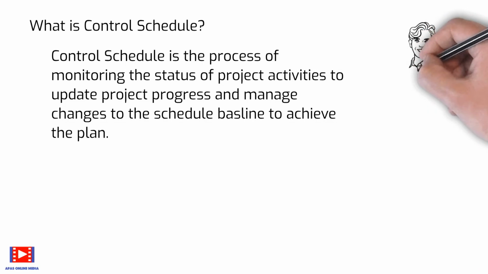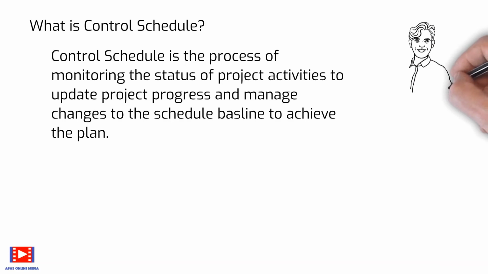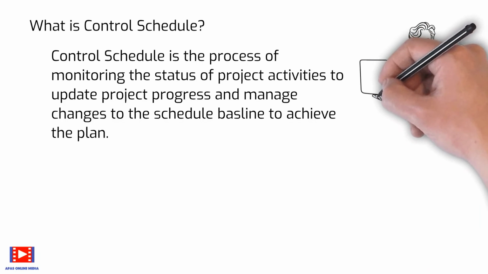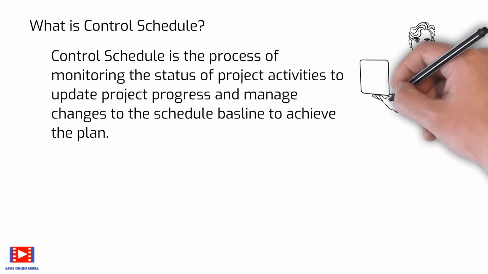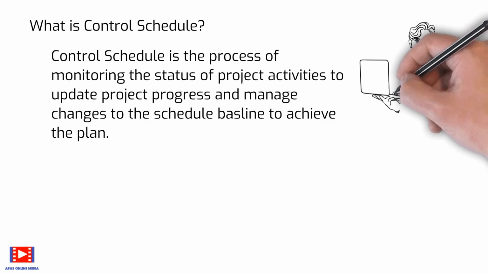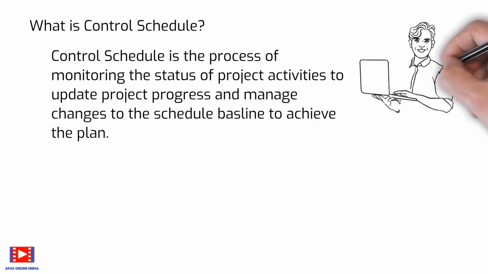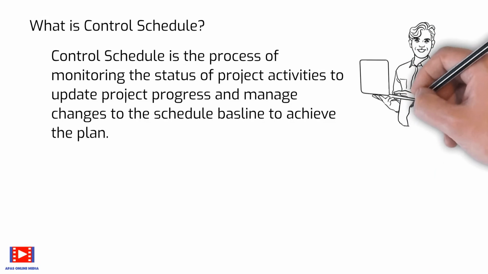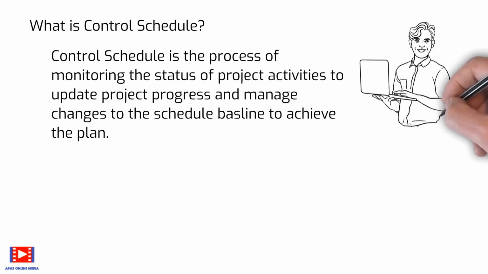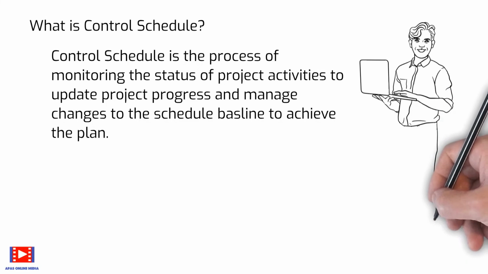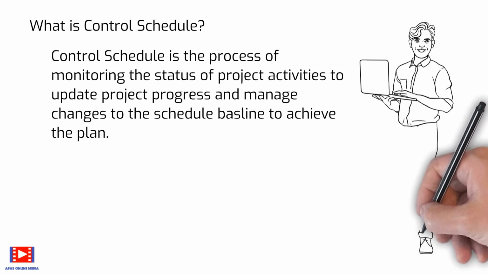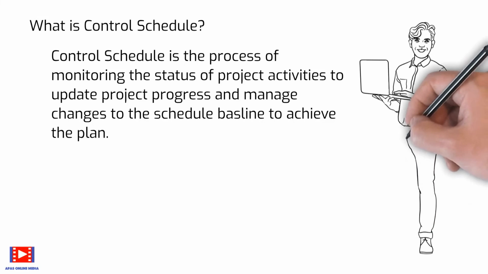Updating the schedule model requires knowing the actual performance to date. Any change to the schedule baseline can only be approved through the Perform Integrated Change Control process. Control schedule, as a component of the Perform Integrated Change Control process, is concerned with determining the current status of the project schedule.